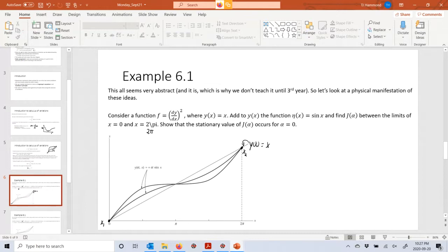Okay. So y of alpha and x is equal to x plus alpha sine x. All right. So d by dx of y of alpha and x is equal to 1 plus alpha cos x.